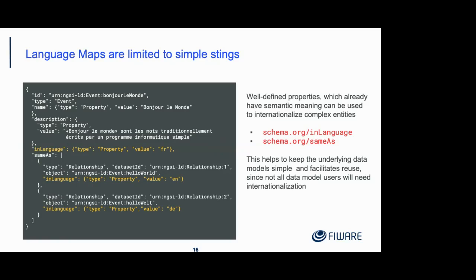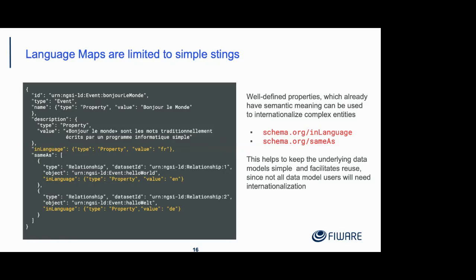Obviously, you would have the event "Hello World" saying it's in language English, but it's much more useful if you can also annotate the French version, the German version, the Spanish version, the what have you, with the equivalent entities.